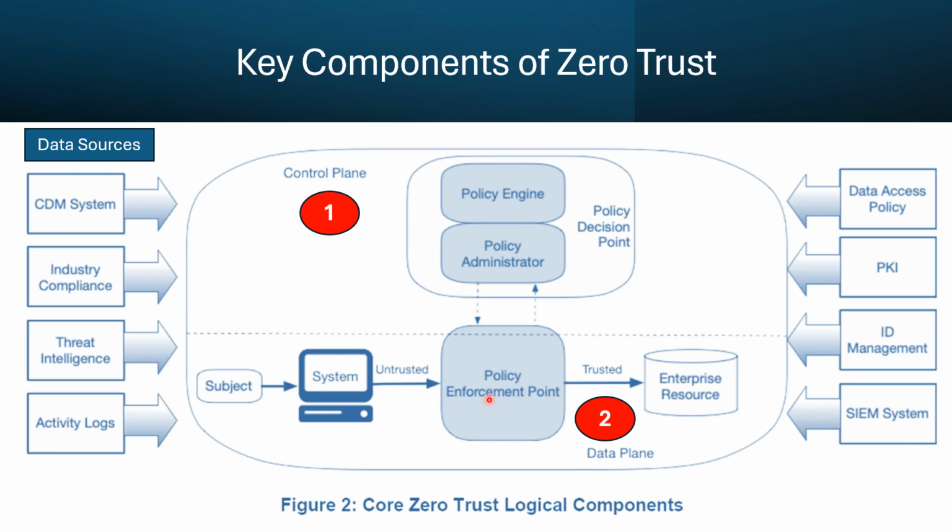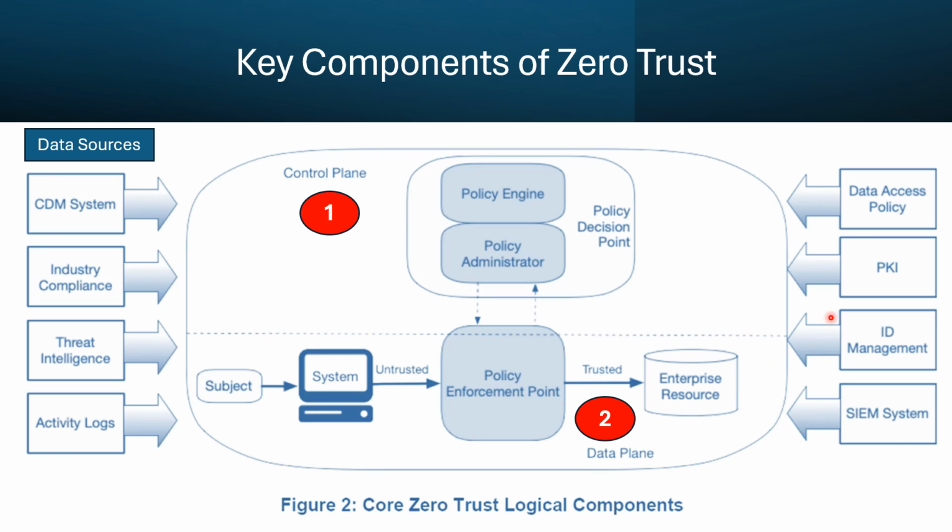This is the agent that will determine whether this subject and systems, so devices and users, are trusted or not. If it's trusted, then that means that you can access enterprise resources, because in the ultimate instance, that's what we need. We need those enterprise resources. That's what the data plane is.